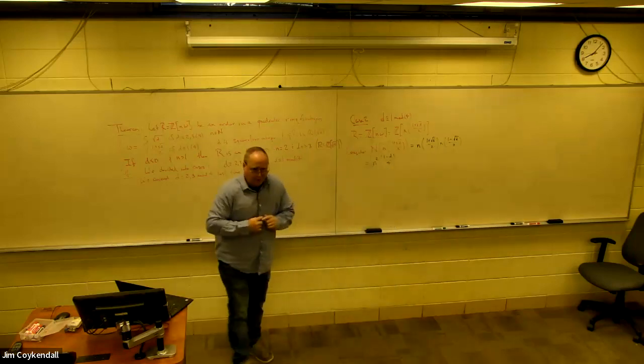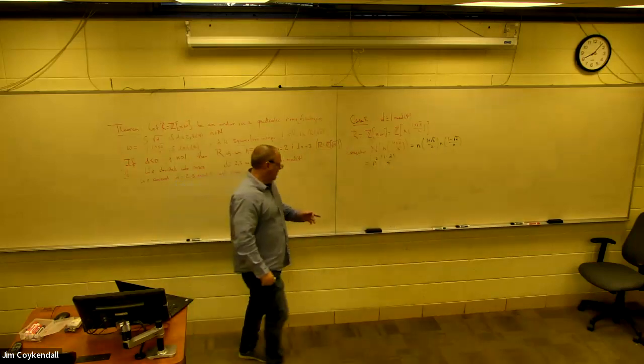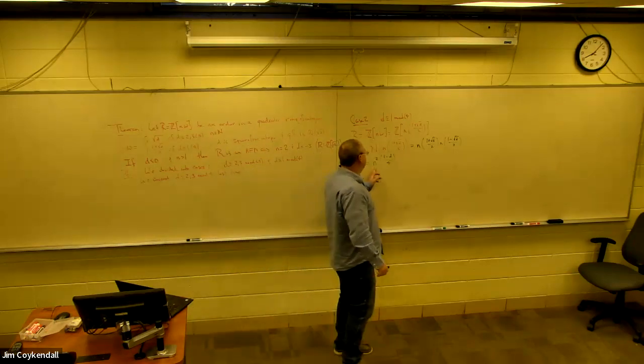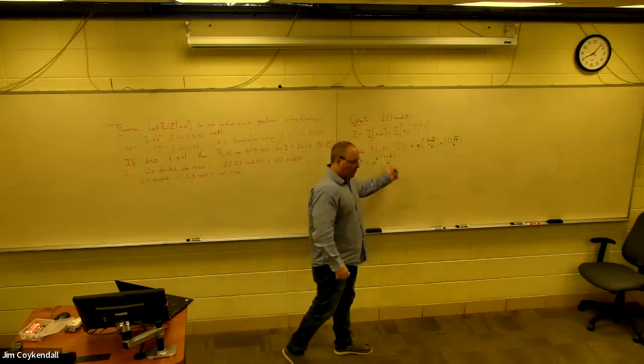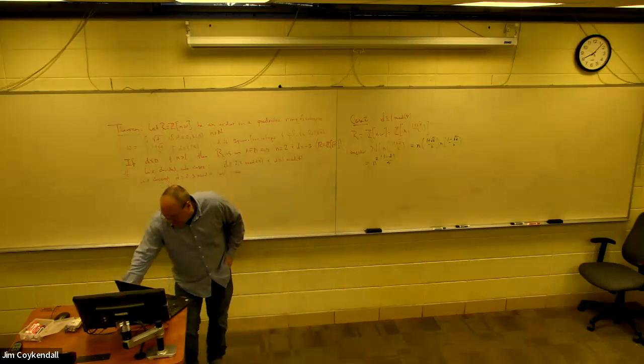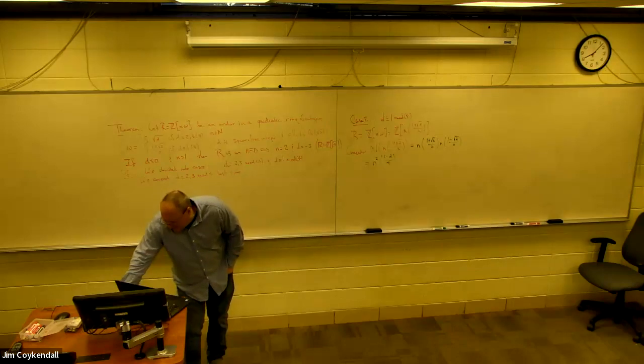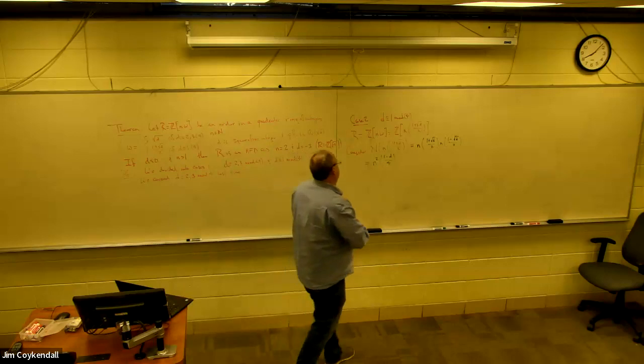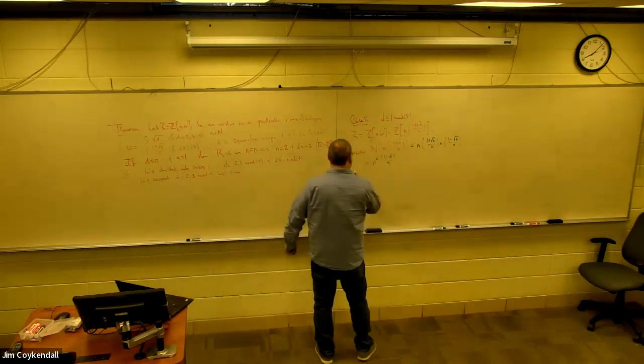the norm of that particular element is n squared times (1 minus d) over 4. Of course, this is an integer because d is equivalent to 1 mod 4. And in general, let me explain something.